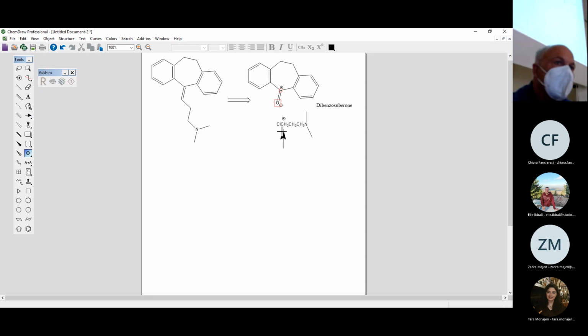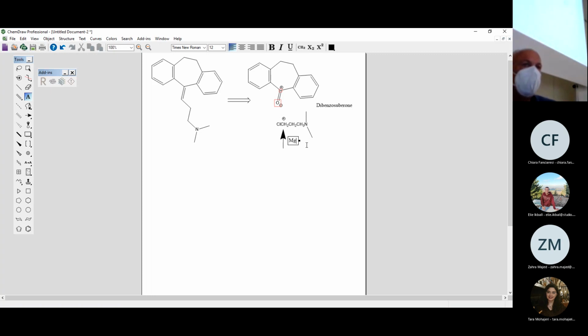So in this case, we have two positive carbon atoms, and the reaction is not possible in this condition. We have a repulsion between these two carbon atoms. It's not possible to have any reaction. So we have to change the charge of this carbon atom. How? By using a metal, for example, magnesium.